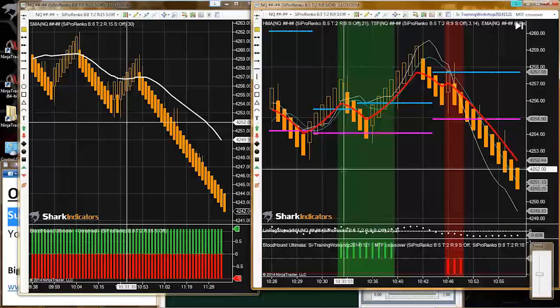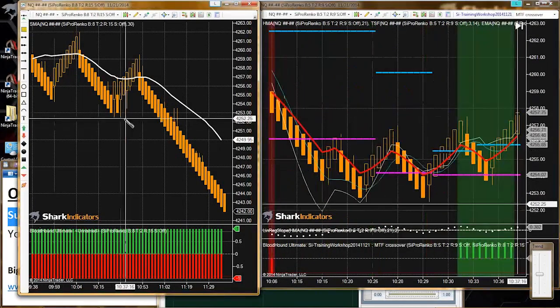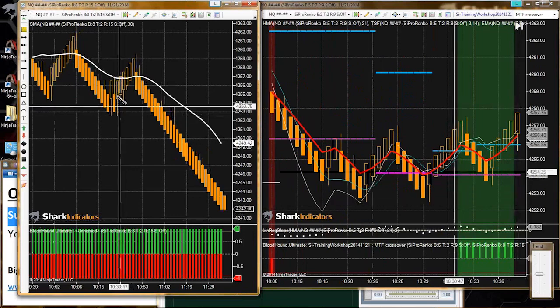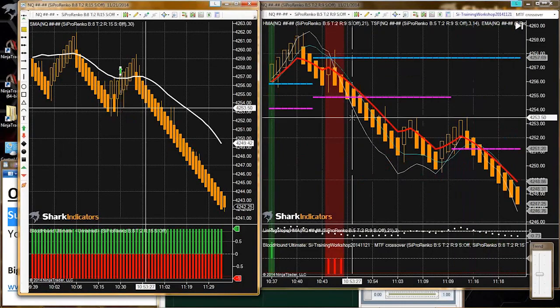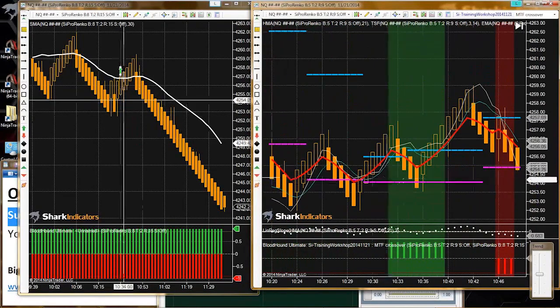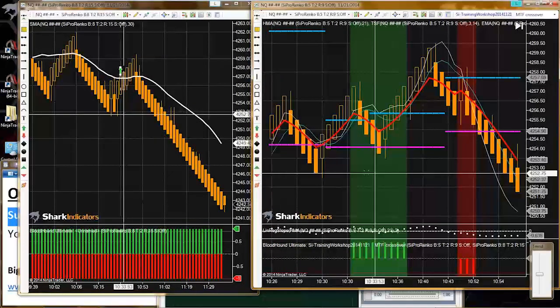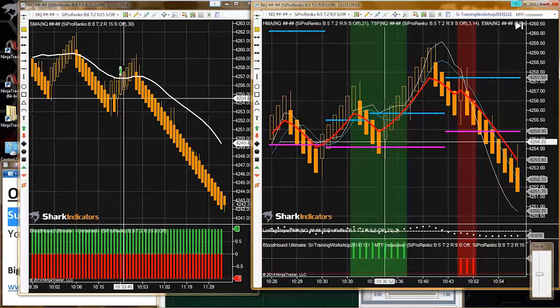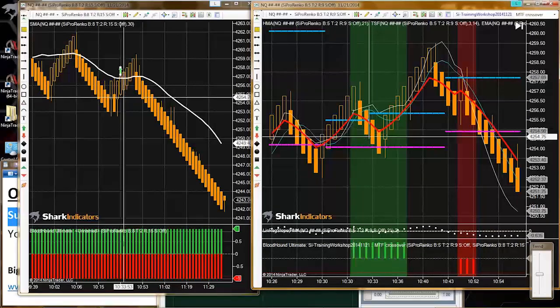So on the higher time frame, let me mark this. The higher time frame, that was the only bar that had a crossover. But as we look on this lower time frame, many bars were built on our lower time frame chart, just while that one bar that actually had the crossover occurred on the higher time frame chart.